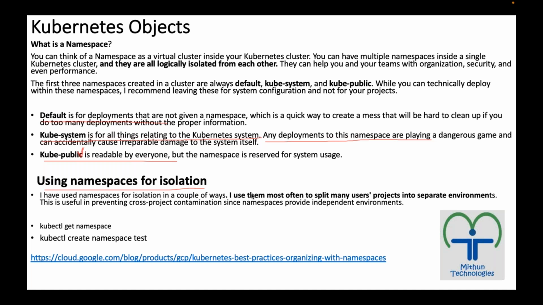So it will be logically isolated from the others. Will these namespaces be useful in preventing cross-project or cross-team contamination, which means I can isolate one team from another team even in the same cluster?